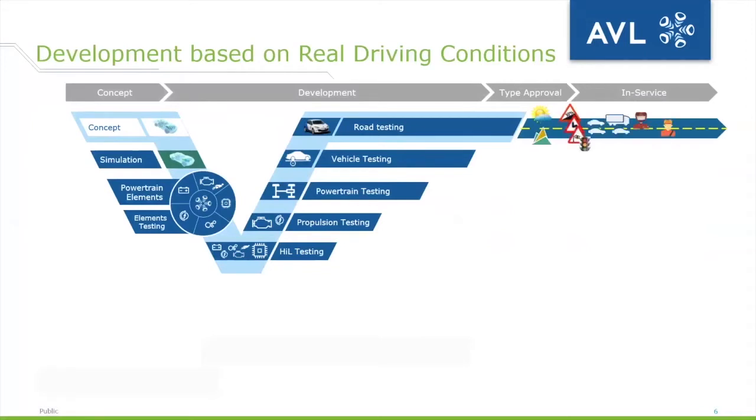And while doing the road testing, the OEMs or suppliers are tackling the complexity of the road testing, which means the different environment conditions, different road gradients, traffic conditions. Of course, the variety of the vehicles should not be forgotten. And of course, the driving style is also an influential factor. This reduces the repeatability of the test on the street.